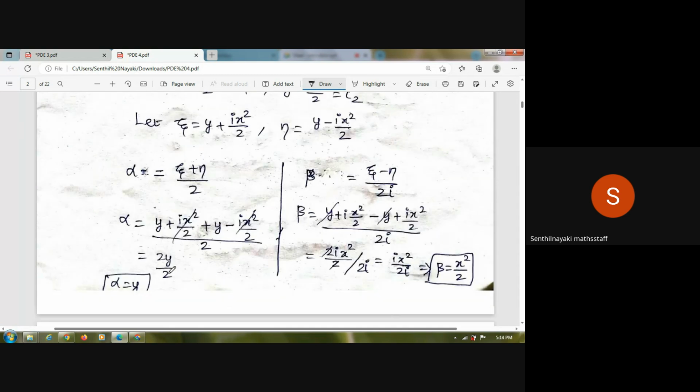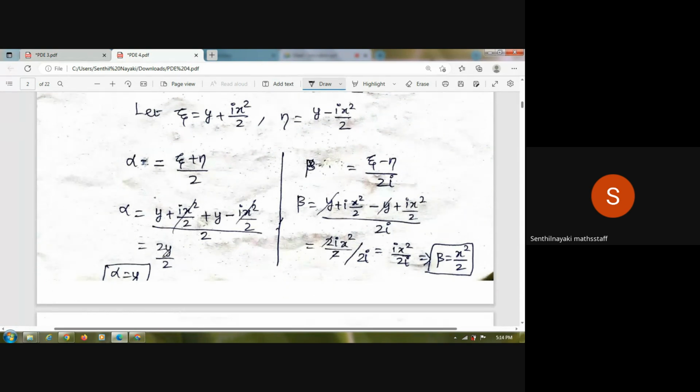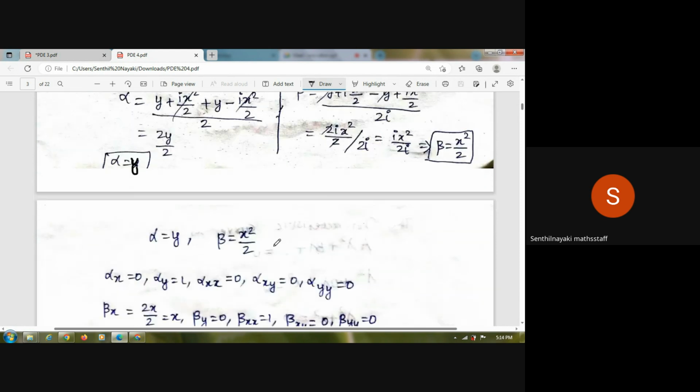A simple calculation with the help of zeta and eta, then we get alpha equal to 2y by 2, that is alpha equal to y. Similarly, beta equal to i x square by 2i, i gets cancelled, therefore beta equal to x square by 2. So alpha equal to y and beta equal to x square by 2 we have.